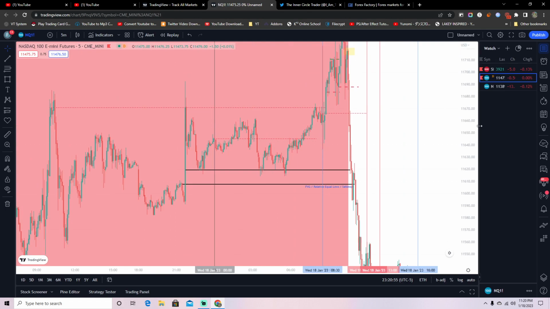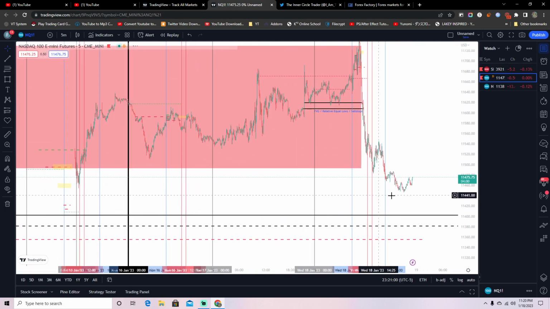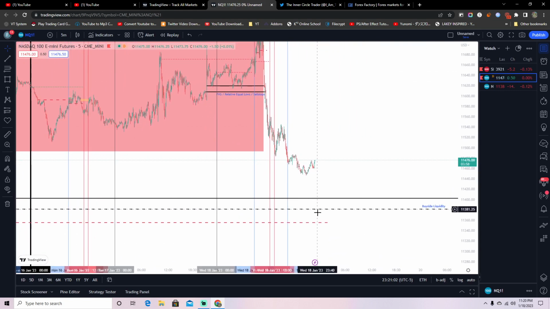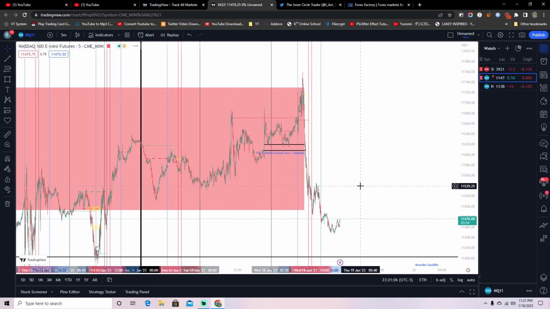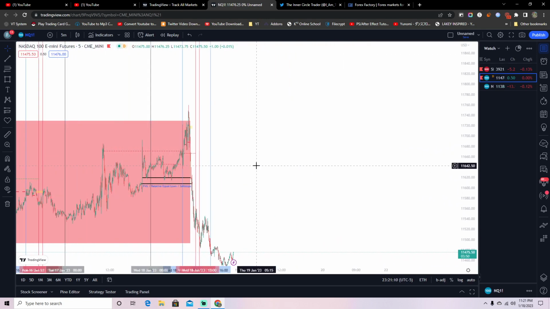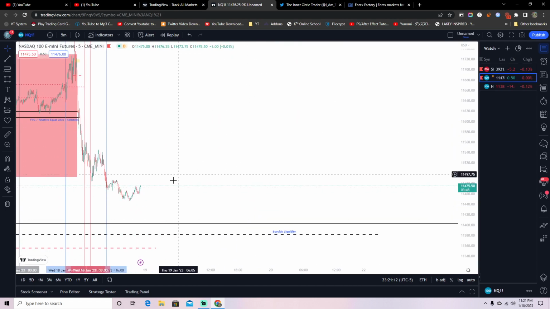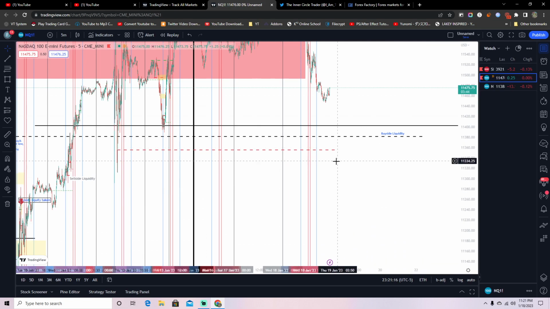But overall, what I'm expecting is price to trade below equilibrium, and if it goes below equilibrium, I'm expecting us to go into a discount.